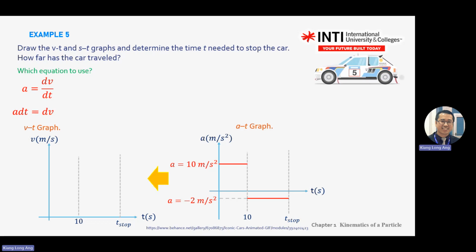Where you look at here, you look at the first slot, t from 0 to 10 seconds. This slot. So basically your a is what? Your a is the constant value 10. What is your limit for time? Look at here, 0 to 10.